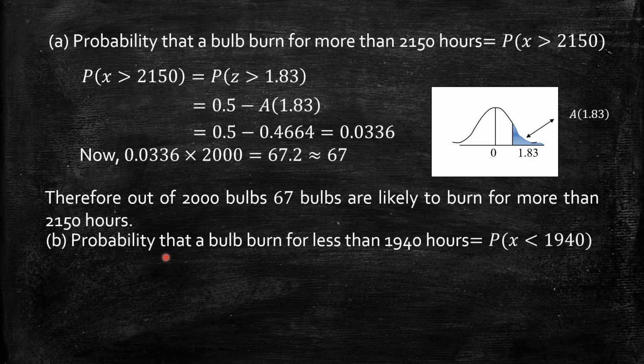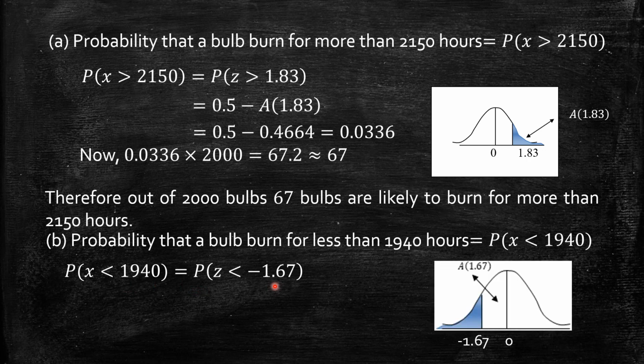The next is the probability that a bulb burns for less than 1940 hours, x less than 1940. The corresponding z value is minus 1.67; just substitute x equal to 1940 in the relation z is equal to x minus 2040 by 60. So x less than 1940 means the probability of z less than minus 1.67. Draw that, and we have this region, with the origin here and minus 1.67 shifted here.